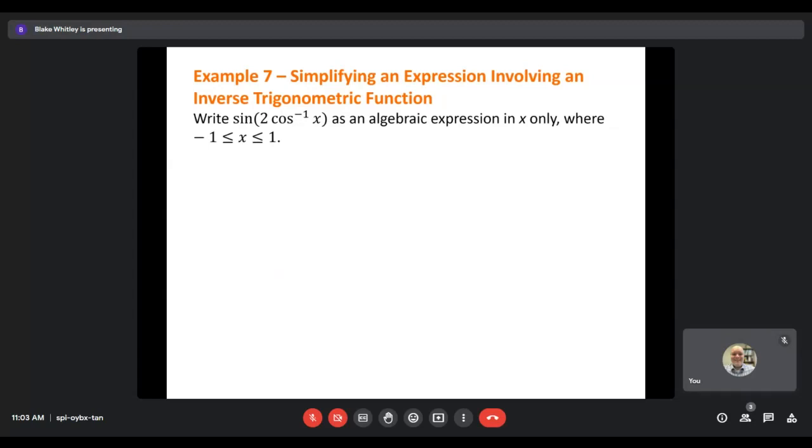So I'm going to start here by saying, well, let's let theta be equal to our inverse trig function. So theta equals inverse cosine x, which means that cosine theta is equal to x. And so I can rewrite my original function as the sine of 2 times theta.